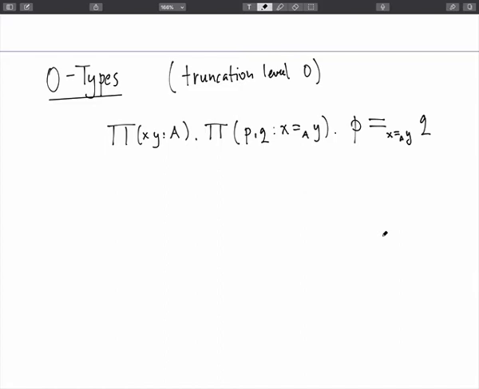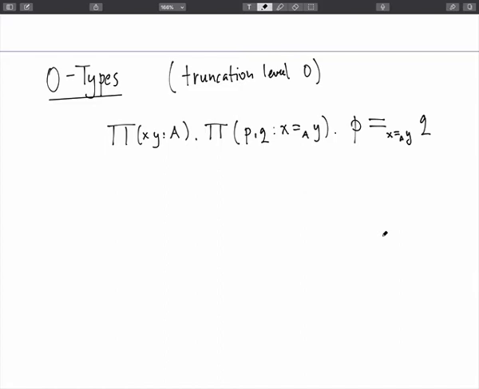Well, that means that my space is very disconnected because it doesn't have any interesting paths, so to speak. So it's just a bunch of connected components. And these things are called sets.